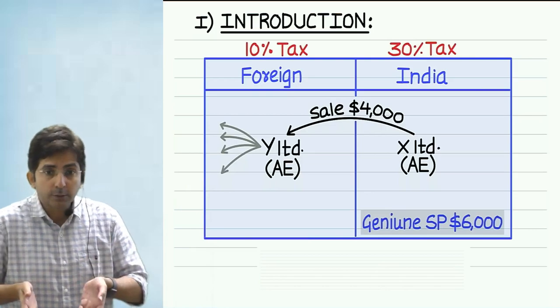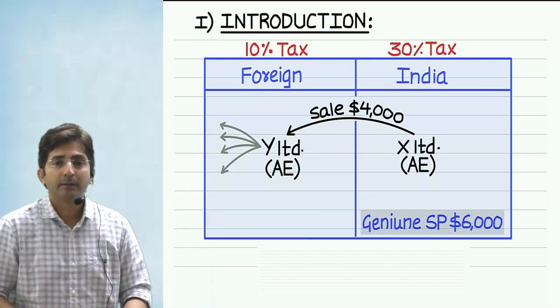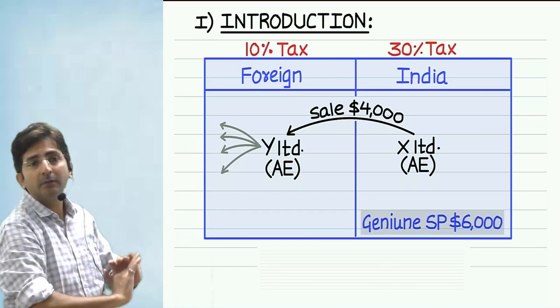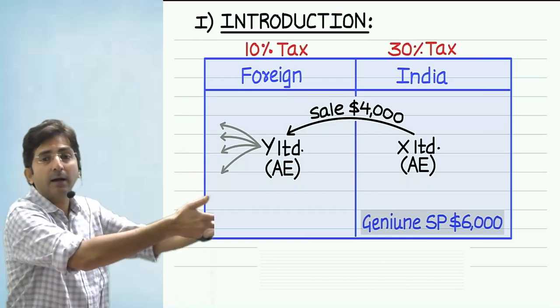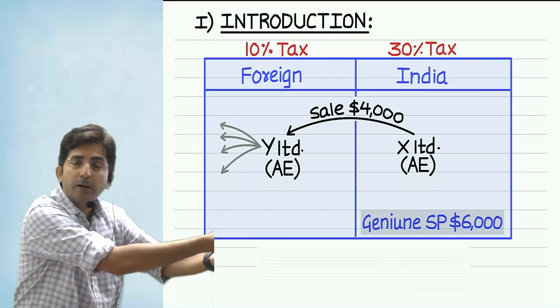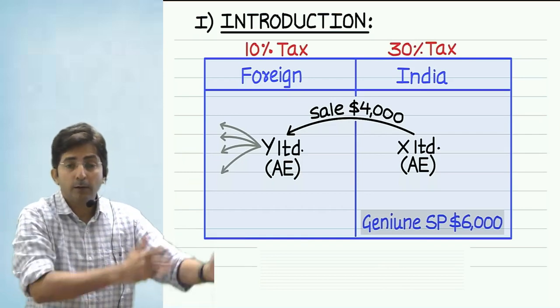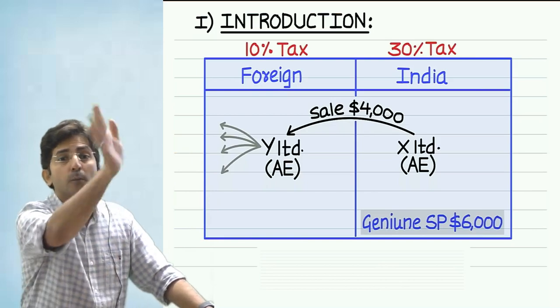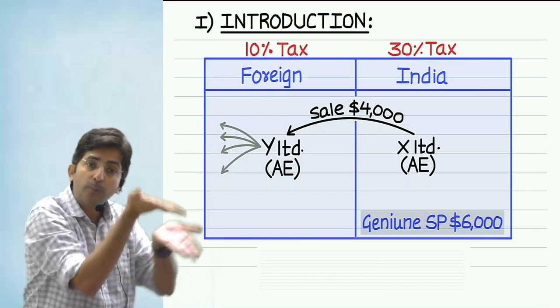Means what Indians do, even foreigners do the same thing. See what Indians do, we open a separate company in a foreign country and then we sell via that company. The same practice is adopted by foreigners also. Even foreign brands like Sony from Japan, Samsung from Korea adopt the same practice.